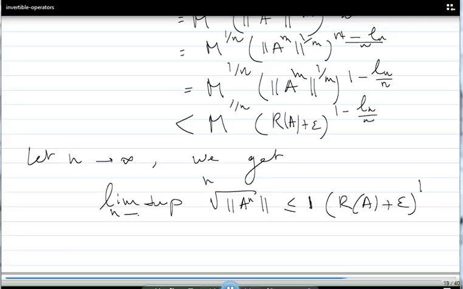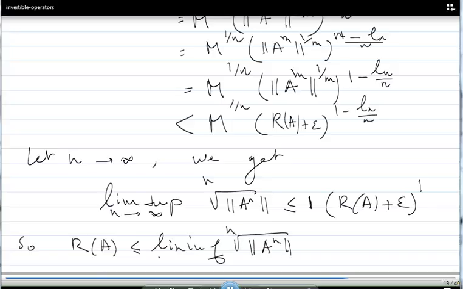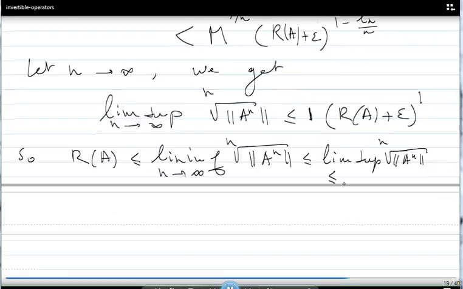So r of a, which is the infimum, is less than lim inf of the nth root of the norm of a to the power n when n goes to infinity, less than lim sup of the nth root of the norm of a to the power n, and this is less than r of a plus epsilon.